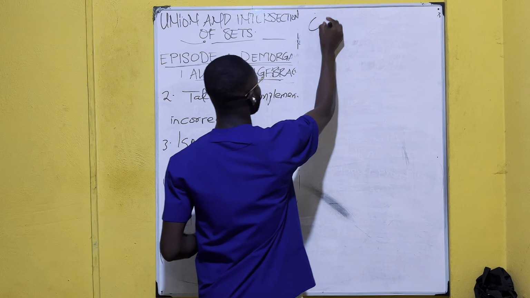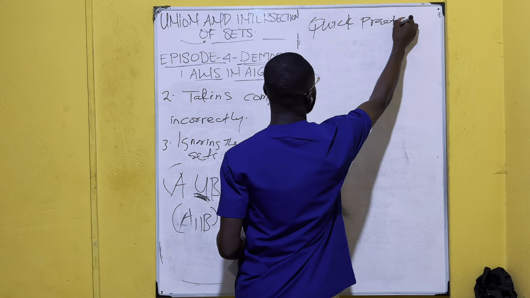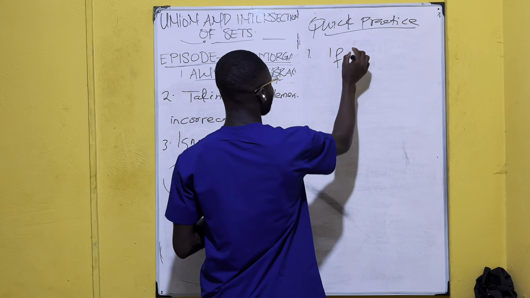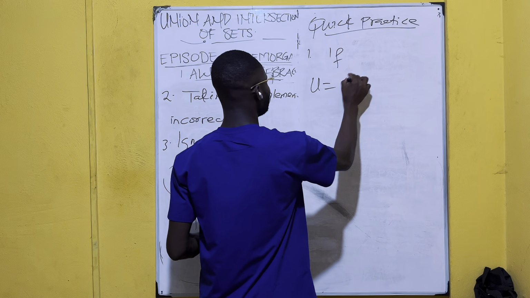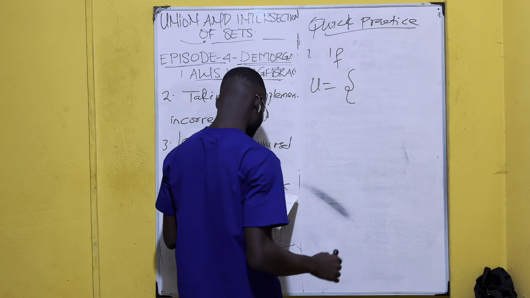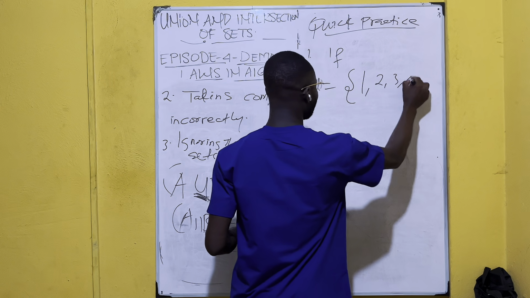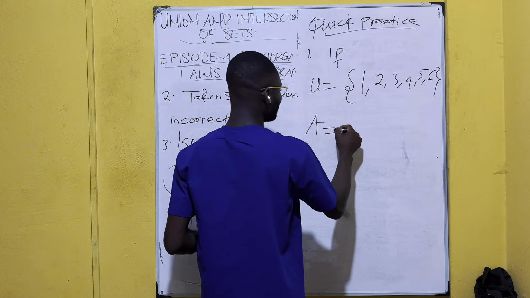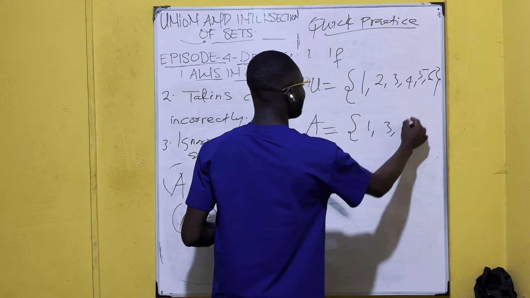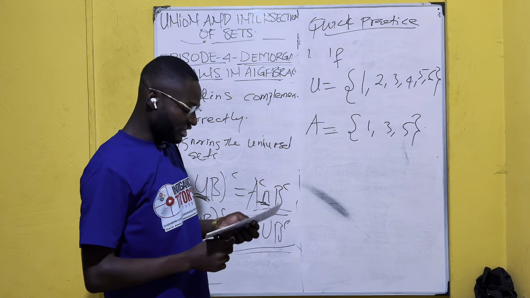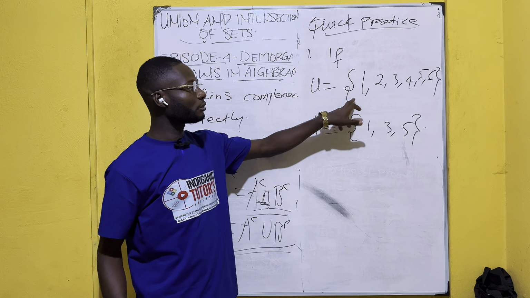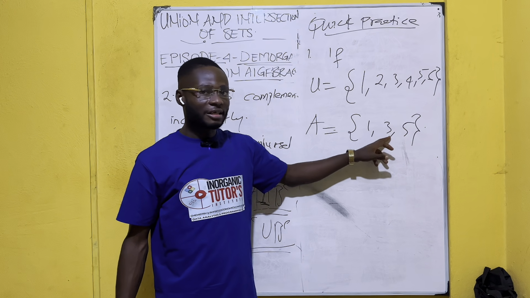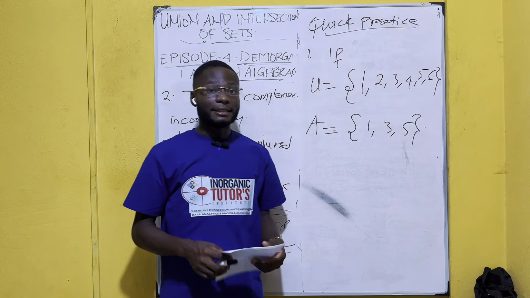Question 1: if the universal set U is equal to 1, 2, 3, 4, 5, and 6, and A is equal to the set 1, 3, and 5, I want you to find this for me.